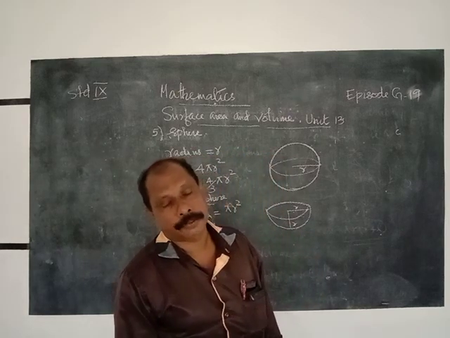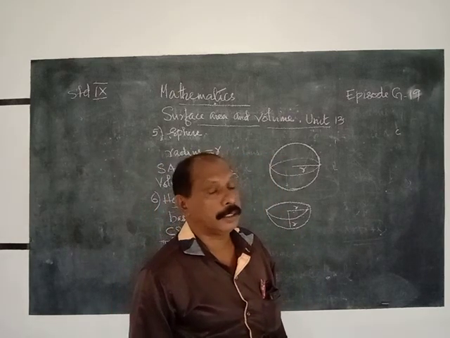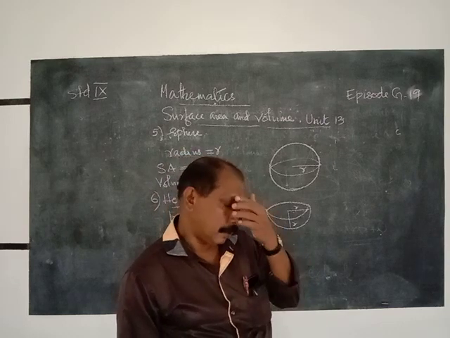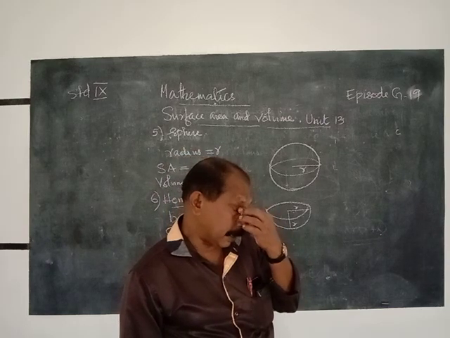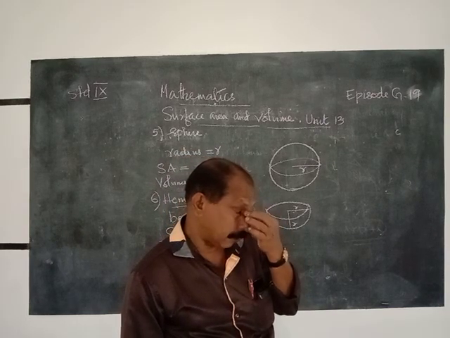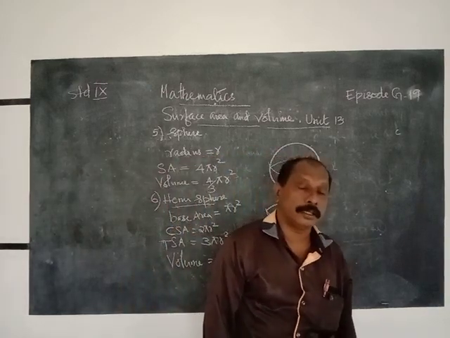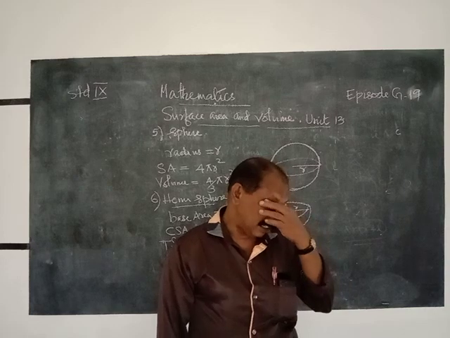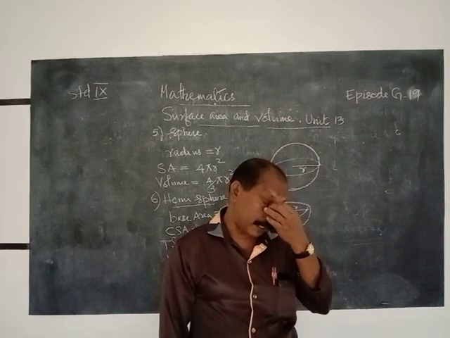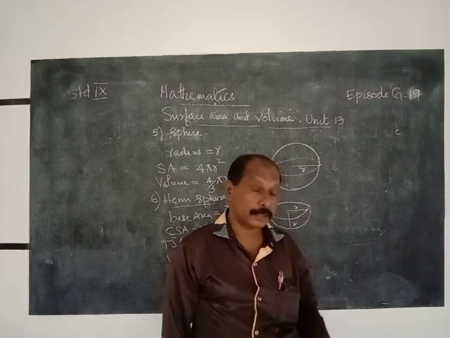Then, half of a sphere is known as a hemisphere, that is the 6th solid. For a hemisphere, there are two surfaces. One is a circular base and the other is a curved surface. Therefore, base area of that hemisphere is pi r square.